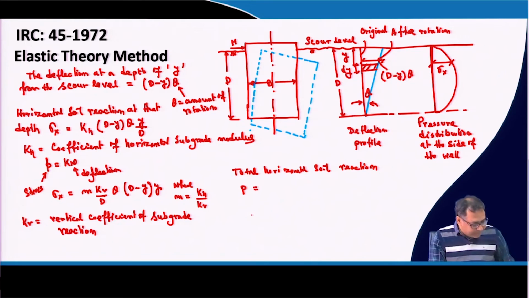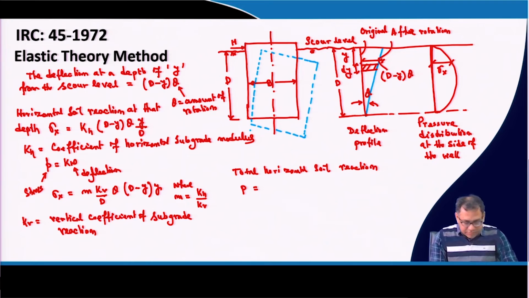Again, if you look at this sigma x, the unit will be, k v is kilonewton per meter cube and then y into 1, so this will be kilonewton per meter.